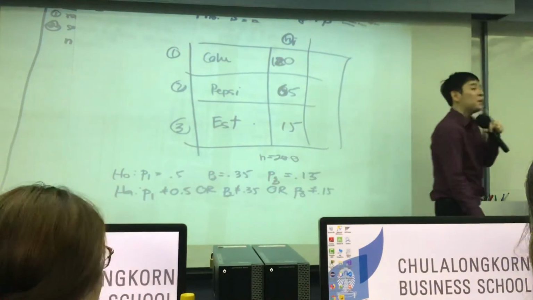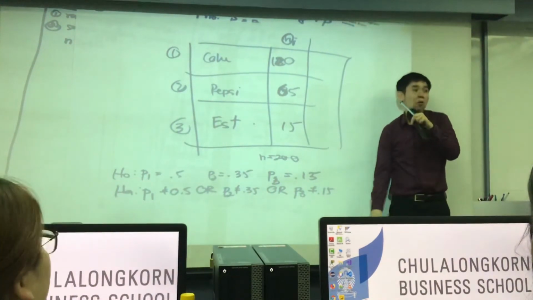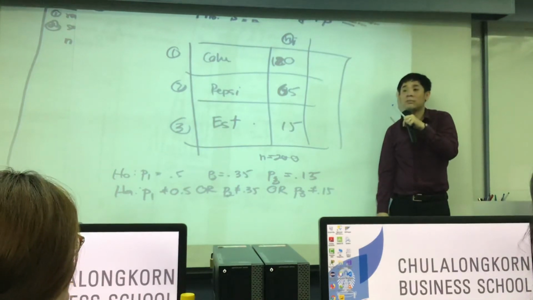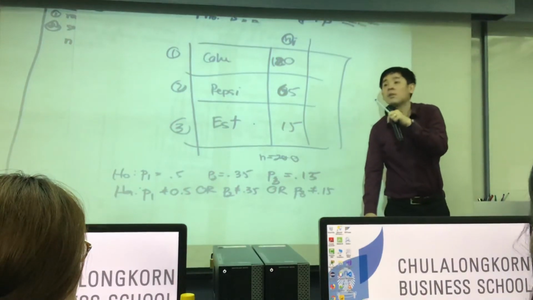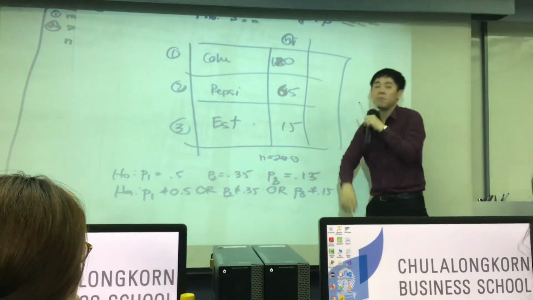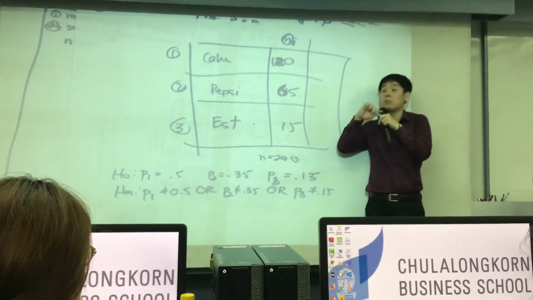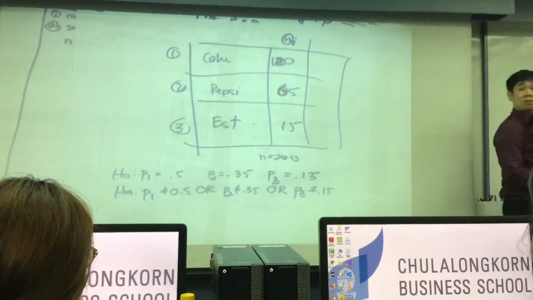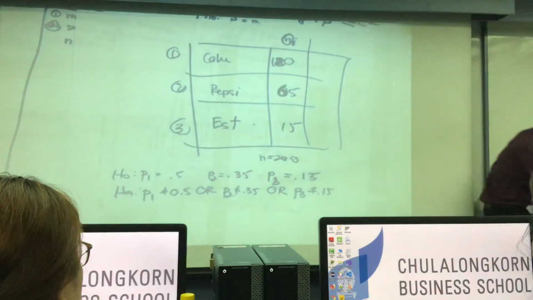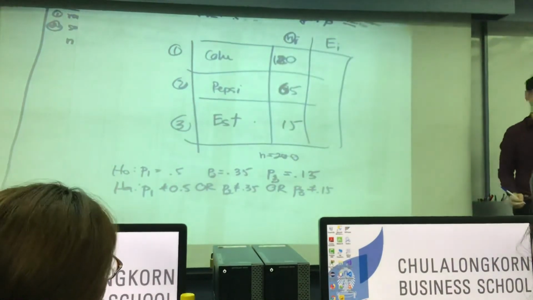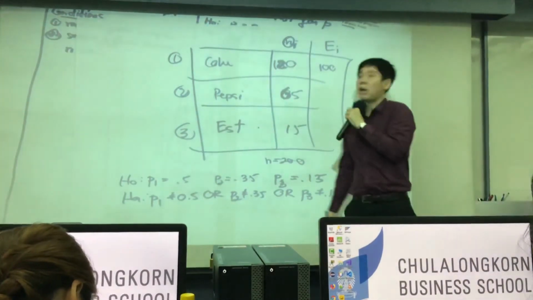Okay? Right? Let me ask, if H0 is true, how many would you expect to see in Coke? How many people should choose Coke? If 50% choose Coke, if you ask 200, how many is supposed to choose Coke? 100. Because that's 50% of 200. That is what we call expected count. This is 100, right? How many should you expect for Pepsi?